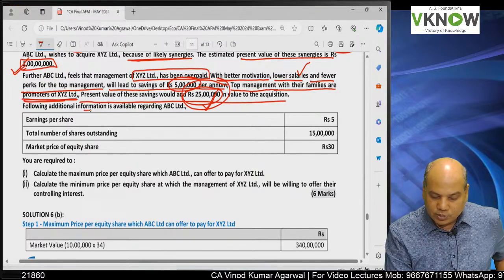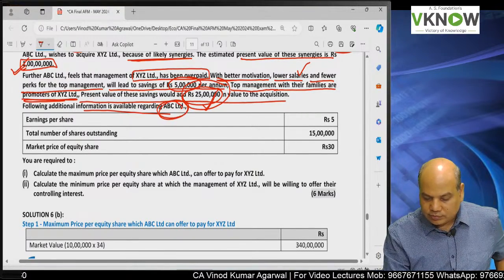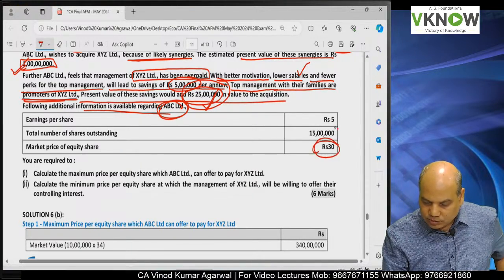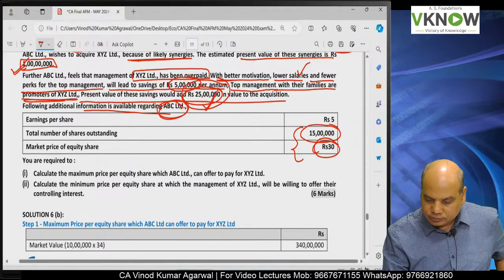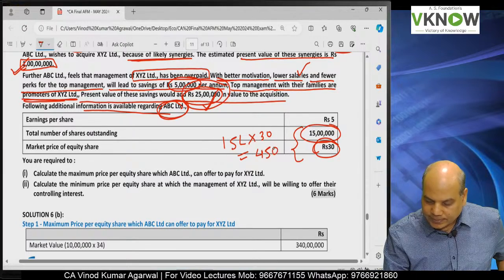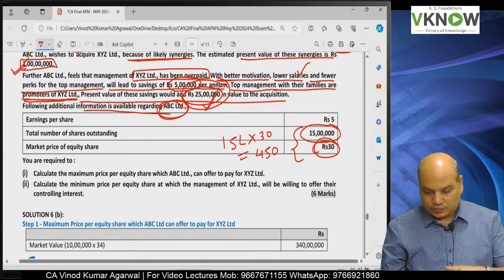The following additional information is given regarding ABC, the acquirer company: EPS 5 rupees, number of shares 15 lakh, market price 30. So this is the market capitalization of ABC, 15 lakh into 30, 450 lakhs.